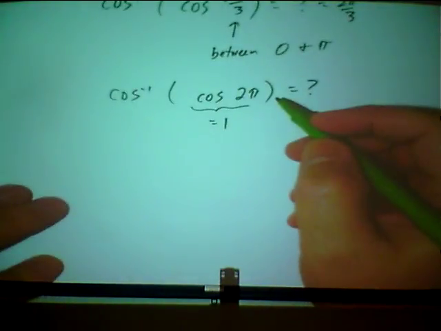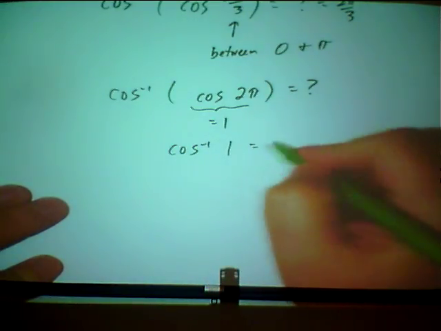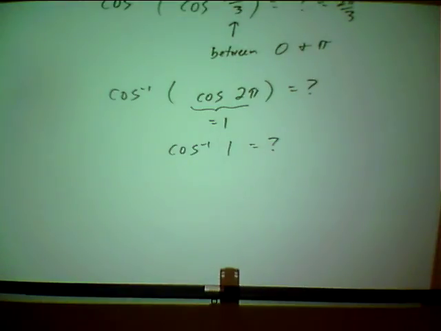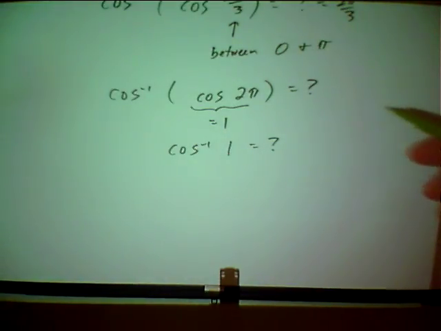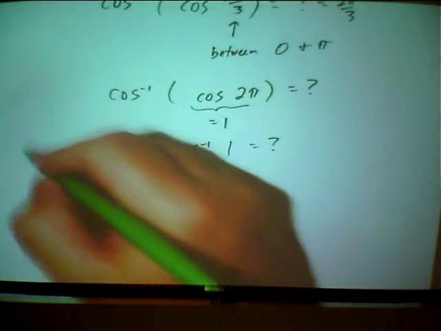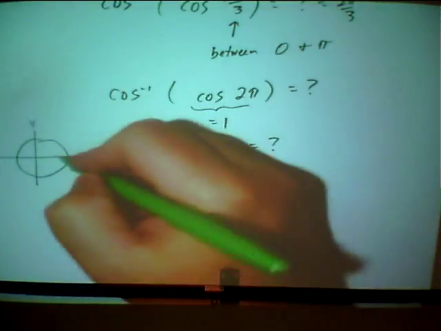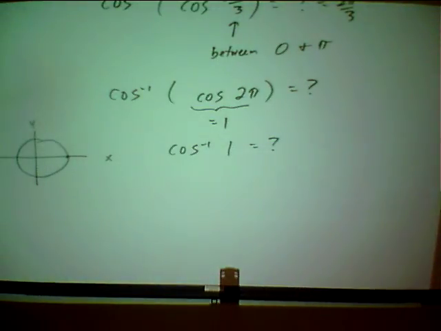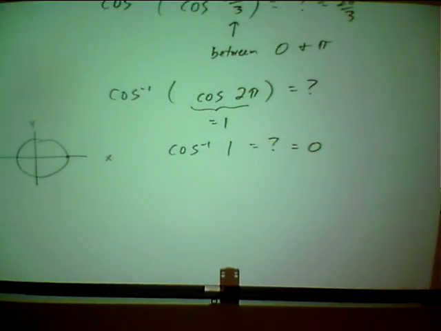So this now becomes a problem of what's the inverse cosine of 1? So I'm going to look for the angle where the cosine is equal to 1. That's pretty simple, right? The cosine is 1 right here, and that's an angle of 0. So I say this whole thing actually equals 0.